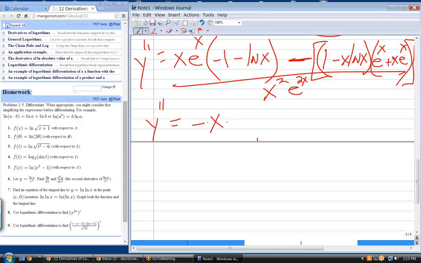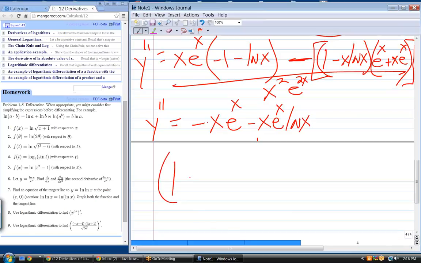Minus x e to the x minus x e to the x natural log of x. That's this part over here. Oh my goodness. Why do they give you such complicated problems? This is amazing. All right, so I have to multiply these two things together. Let's see what that is.